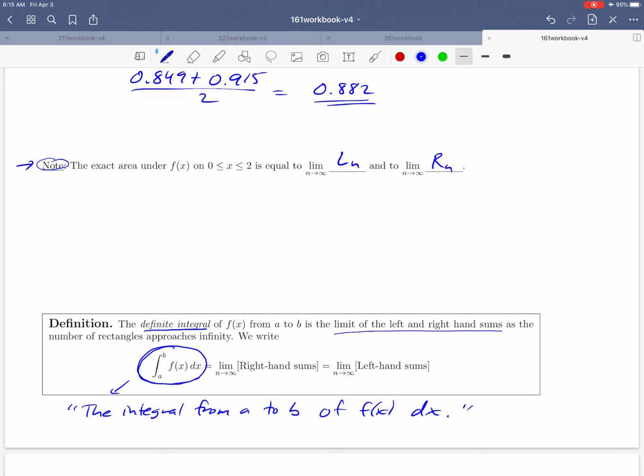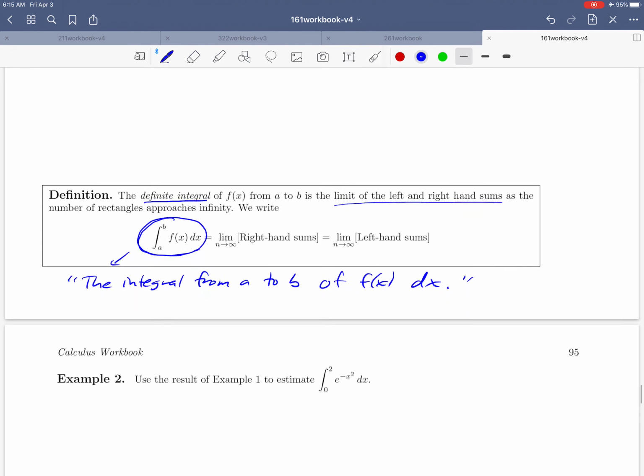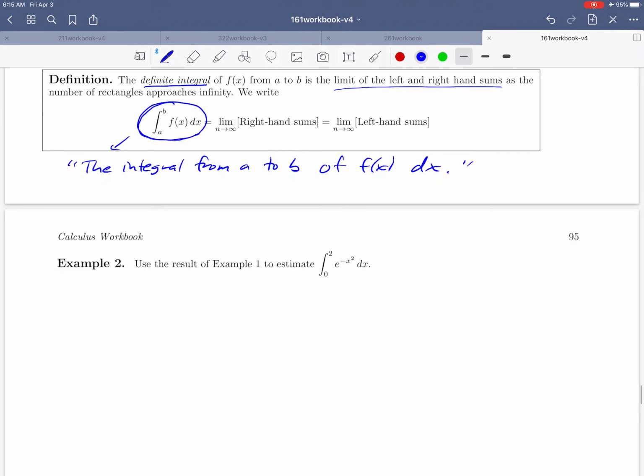Okay, so if we move just to the next page here, this is the very last part of this example. Example 2 asks us to use the result of example 1 to estimate the integral from 0 to 2 of e to the negative x squared dx. That function, e to the negative x squared, is the same function that we used in example 1. Well, what does all of this mean?